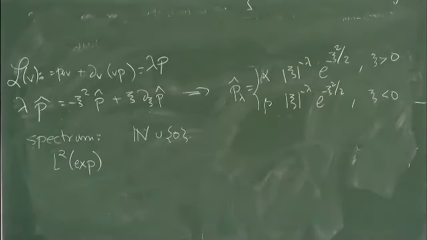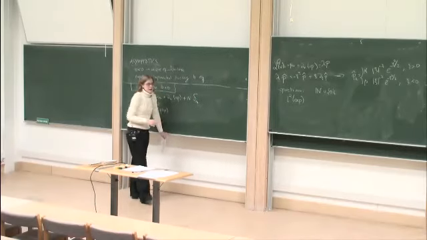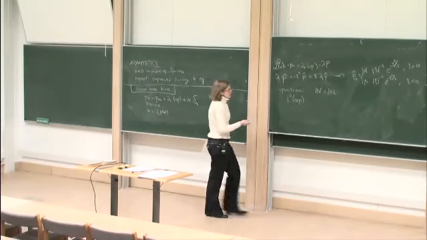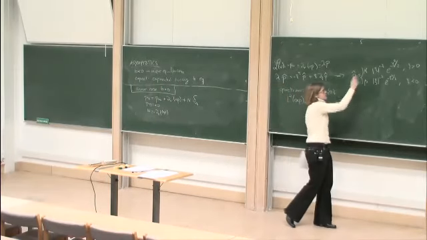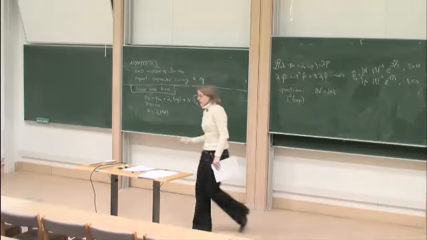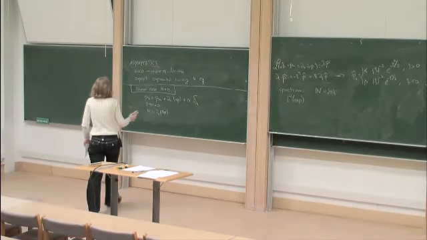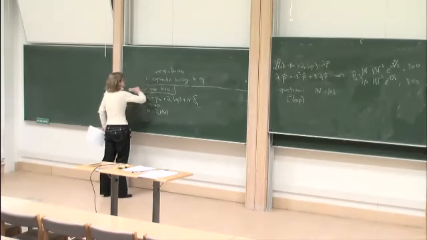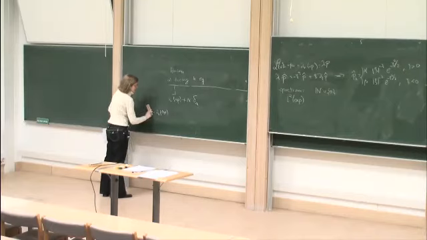So this is well understood. The eigenfunctions have this form, and when you Fourier back they are the well-known Hermite polynomials. I shouldn't have erased this.